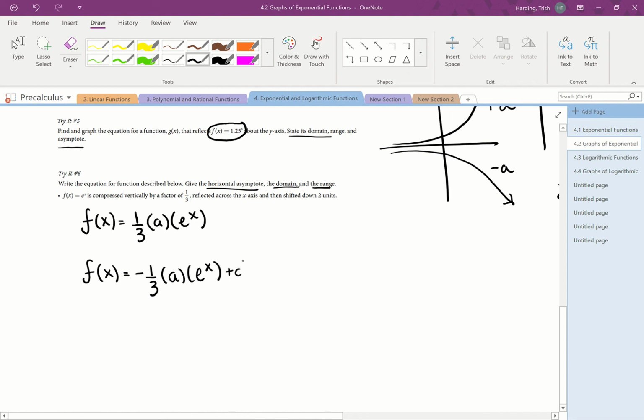I guess we'll do plus d. And then this would be x minus c if we wanted to put it in general form. There we go. So we have the factor, the reflection, and then it is shifted down 2 units.